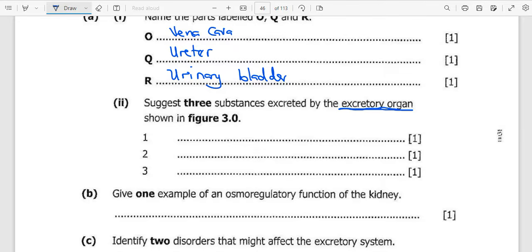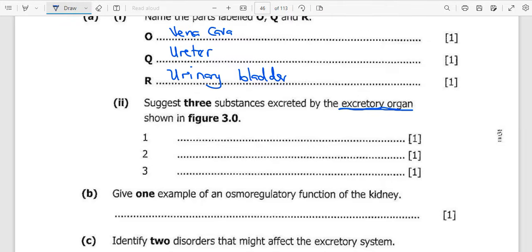The main function of these excretory organs is to remove those wasteful substances that are not needed in the body. There are 3 main substances that are excreted from the body.